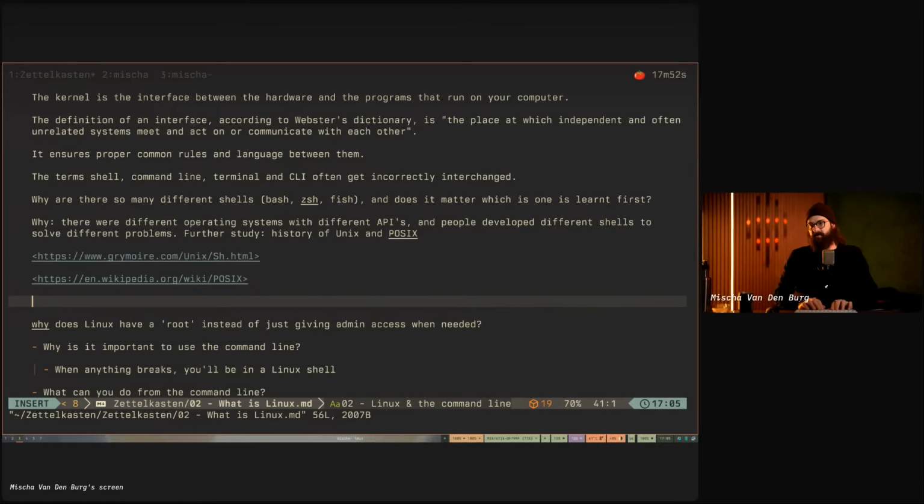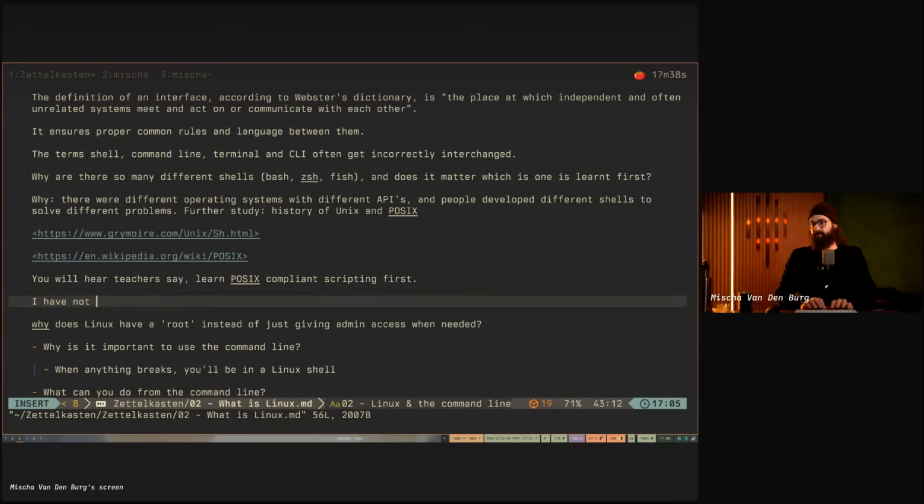You will hear really deep teachers say to learn POSIX compliant bash scripting first. I have not run into problems in my career so far by skipping a deep dive into POSIX compliance. That is all I will say on that.